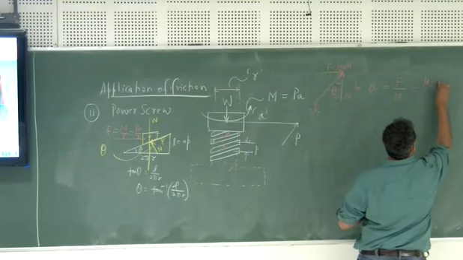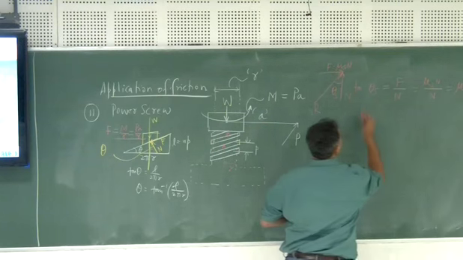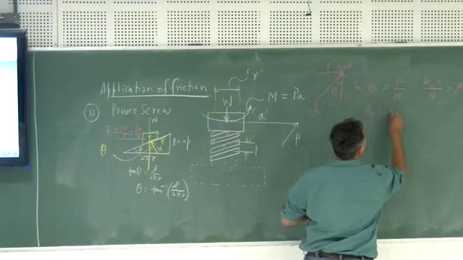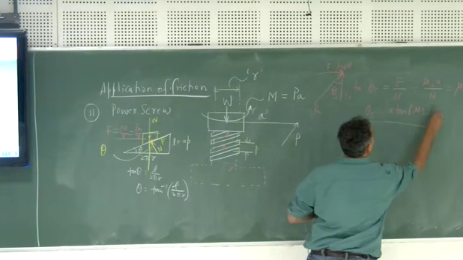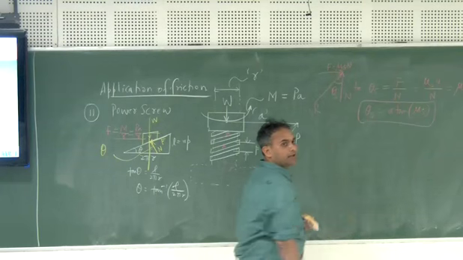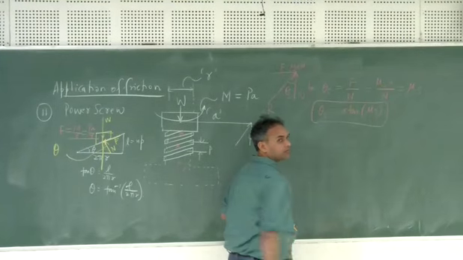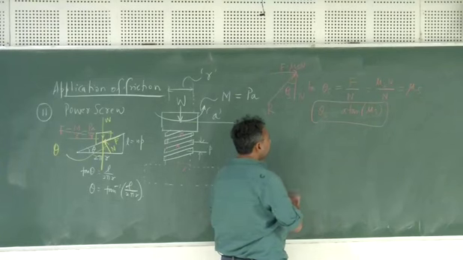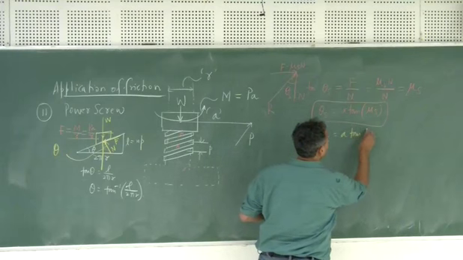Mu s N by N, and this is nothing but mu s. So theta s is nothing but the arctan of mu s. This is how you correlate the angle of the resultant with the normal and the coefficient of friction. If it is kinetic friction, similarly write theta k equals arctan of mu k.